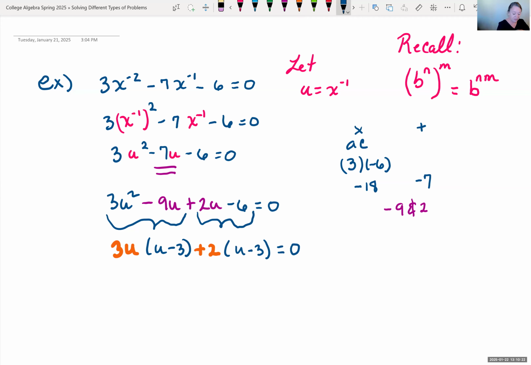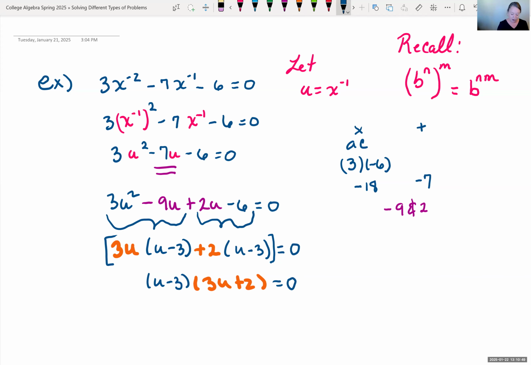If those parentheses weren't the same, then we would go back and manipulate them to be the same. And so again, we're going to factor out what they have in common. Notice they both have the same parentheses, u minus 3 in those groupings. And so we can factor out the u minus 3. Factoring out the u minus 3, we would be left with 3u plus 2. This is all equal to 0.